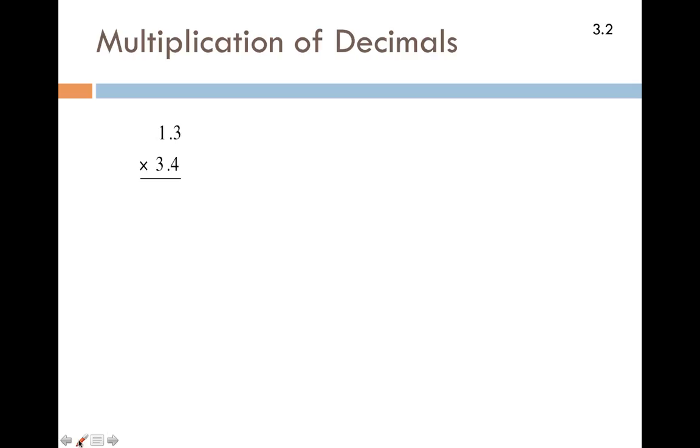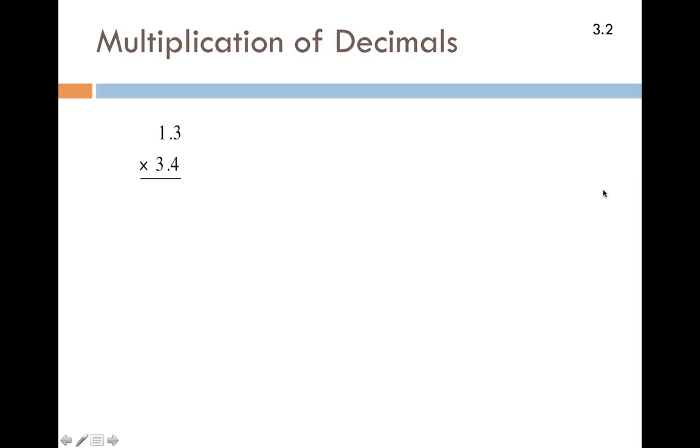If we have 2 numbers behind the decimal in the problem, what does that mean for us? The answer will have 2 numbers behind it.